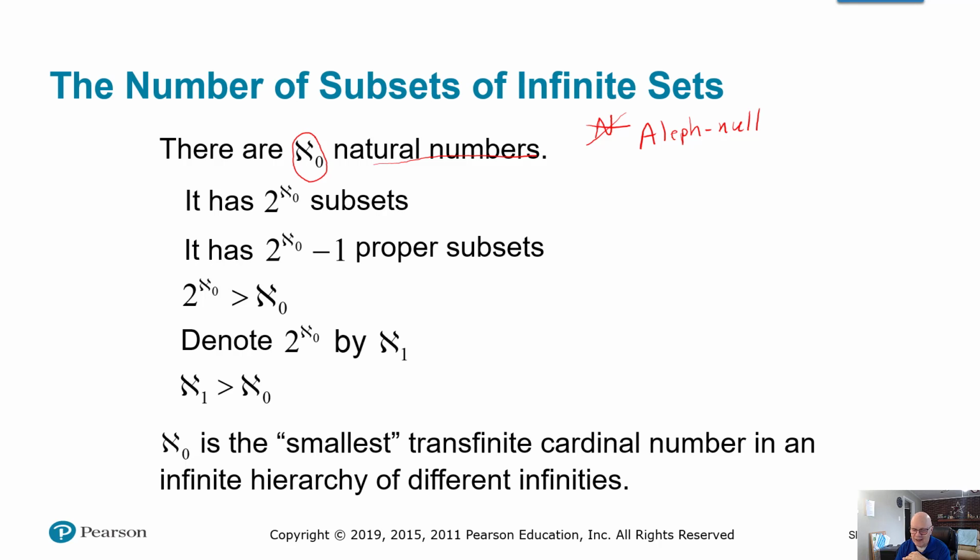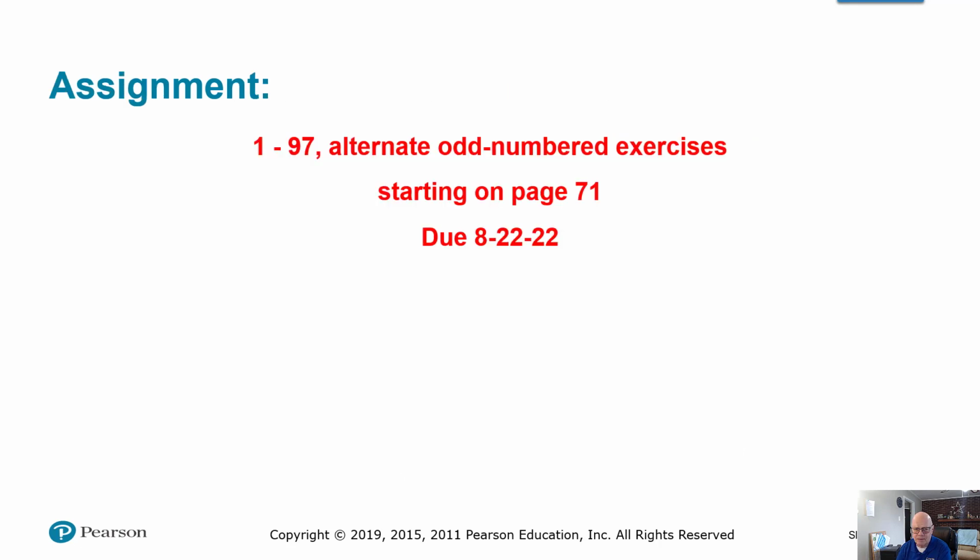That's really getting exotic. If you want to find out what transfinite cardinal numbers are, go ahead and check out the internet. Get a good video so you can find some more. I'm not going to push this one because you really don't need to know something like that.